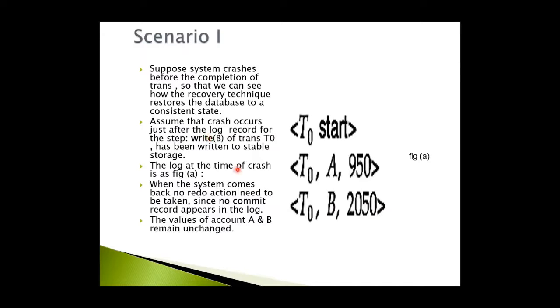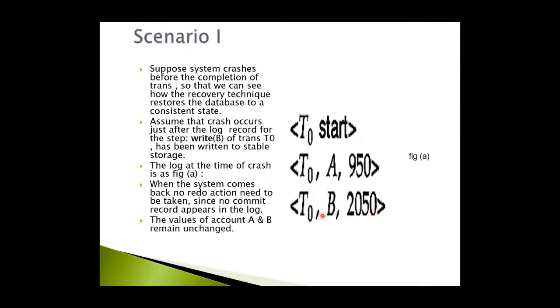Now, the log at the time of the crash is as in figure A. How will the system recover from this kind of failure or crash? When the system comes back, it will see the log records and cross-check whether the redo action is required or not. Here, there is a T0 start record, but the T0 commit record is missing because the crash occurred just before T0 actually committed.